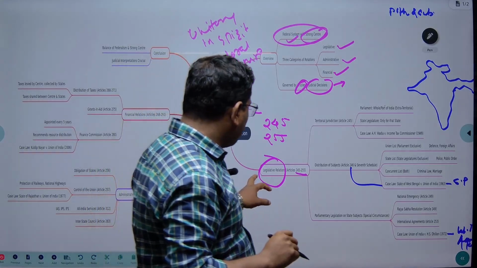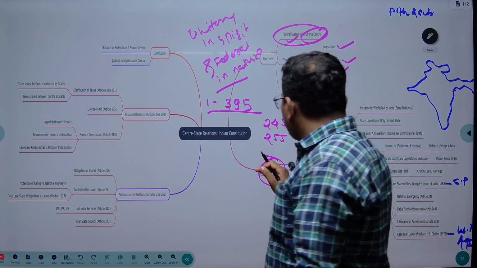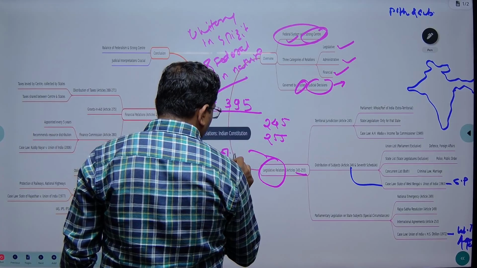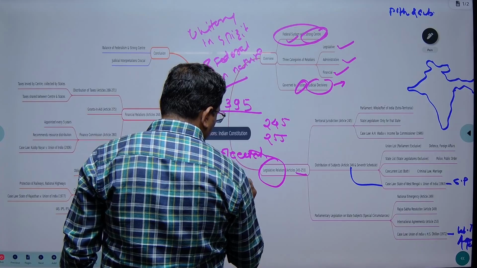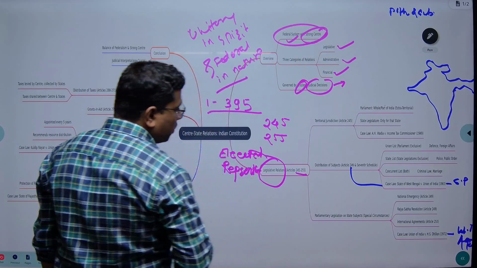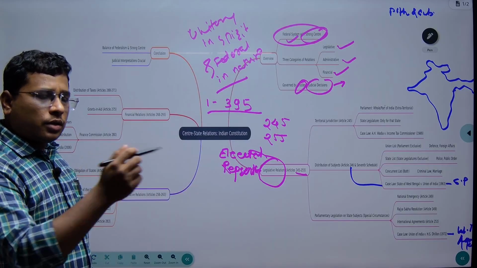What do you mean by legislative relation? The legislative relation is the relation of elected representatives. Legislative means elected representatives, in the center and the state.